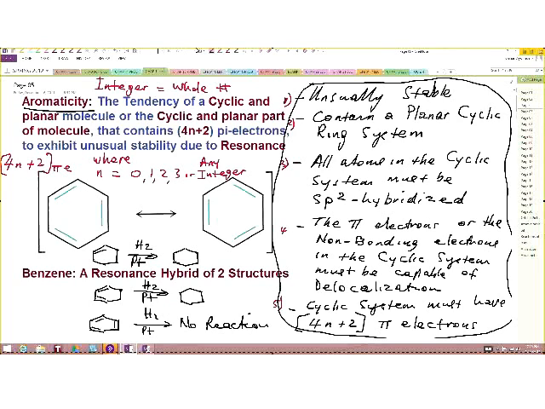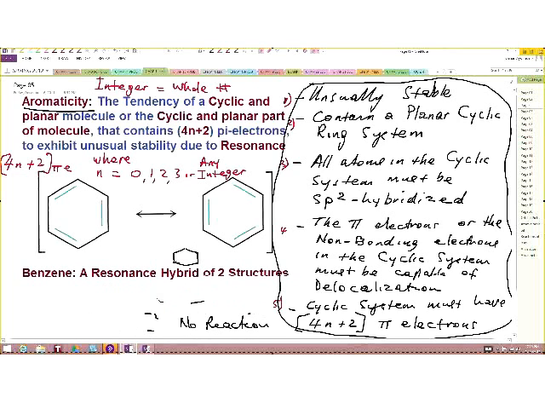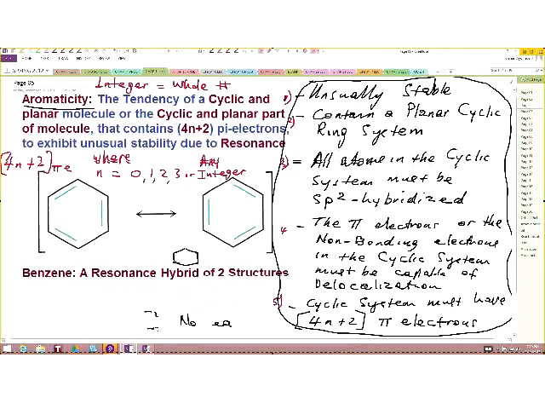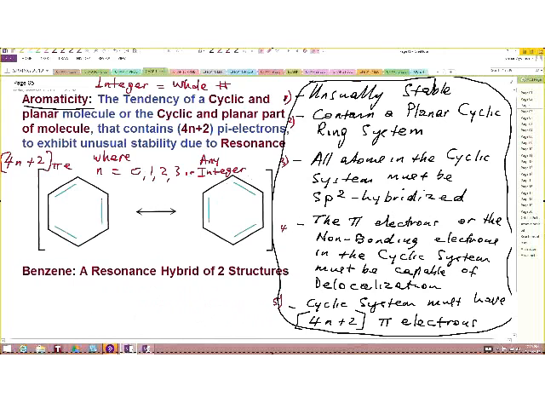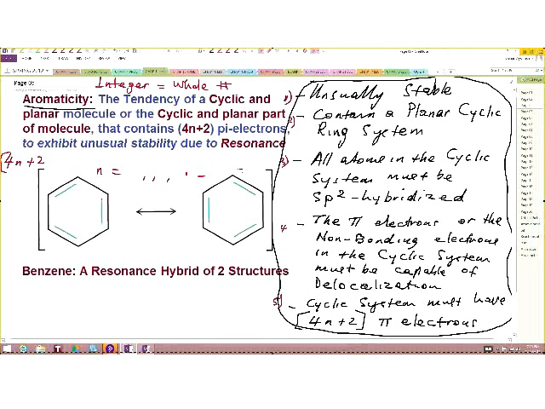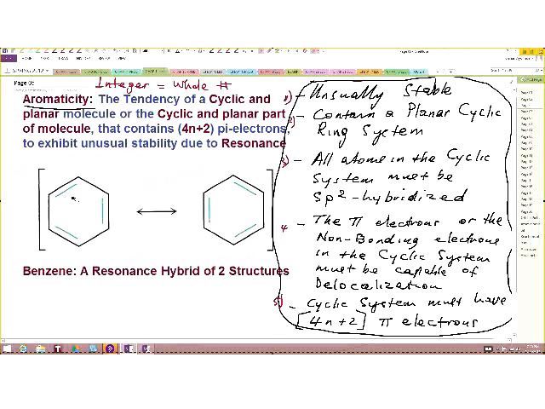Let us take a look at this last one here, number 5, using benzene. If you take a look at benzene, how many pi electrons does it have? Keep in mind, each one of these is 2. How many? 6.